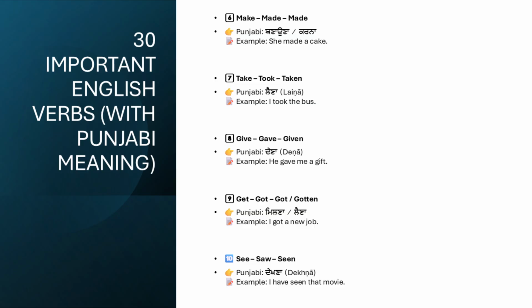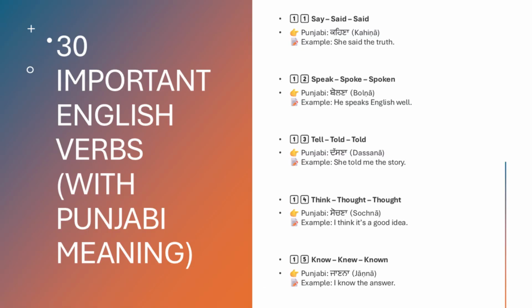For example, I have seen that movie. 11th verb is say, which means कहना. Say, said, said. Say is the base form, and said we used for past form and the past participle form. Both are same. For example, she said the truth.